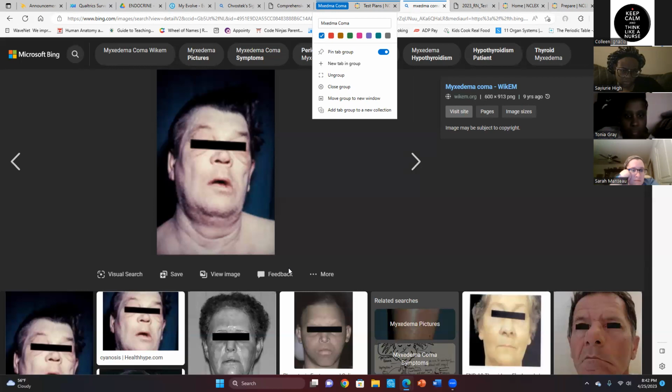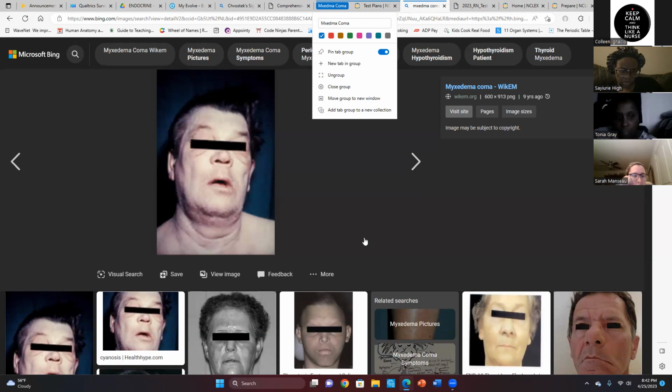The client is hypothermic, with changes in mental functioning ranging from depression to unconsciousness. Severely decreased metabolism causes respiratory depression and cardiovascular collapse. Management is to provide intensive support measures along with hemodynamic therapy, and it has a high mortality rate.